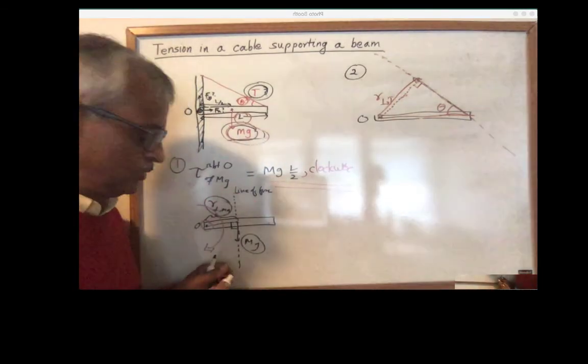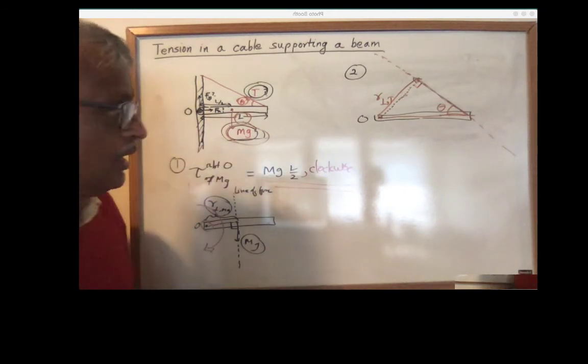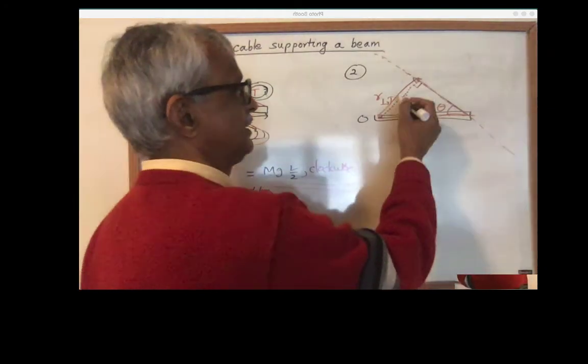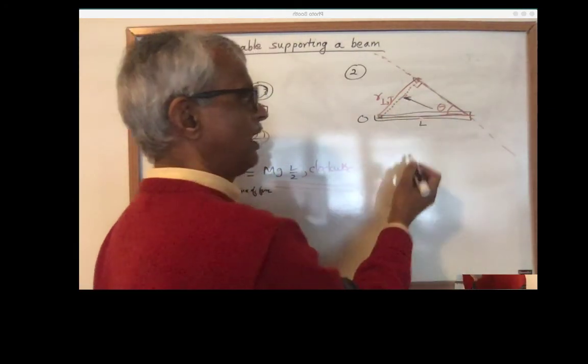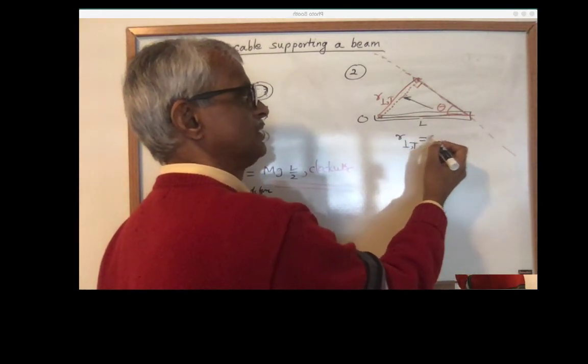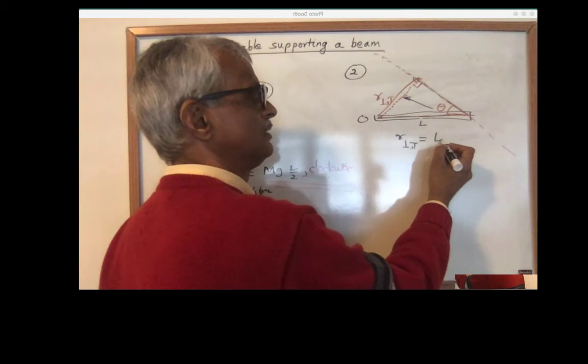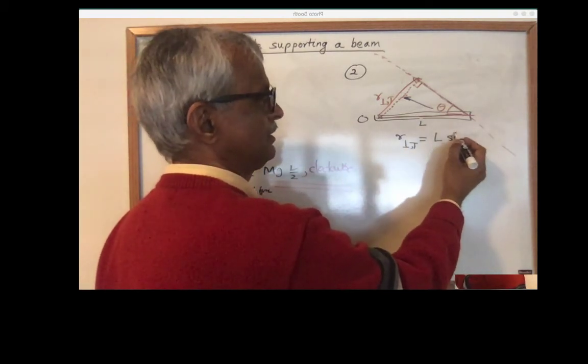For the tension force, that's the lever arm. Well, I have to figure that out. This distance is L, and this is opposite. So our R perp for the tension force is, what do you think it's going to be? L sine theta, right? L sine theta.